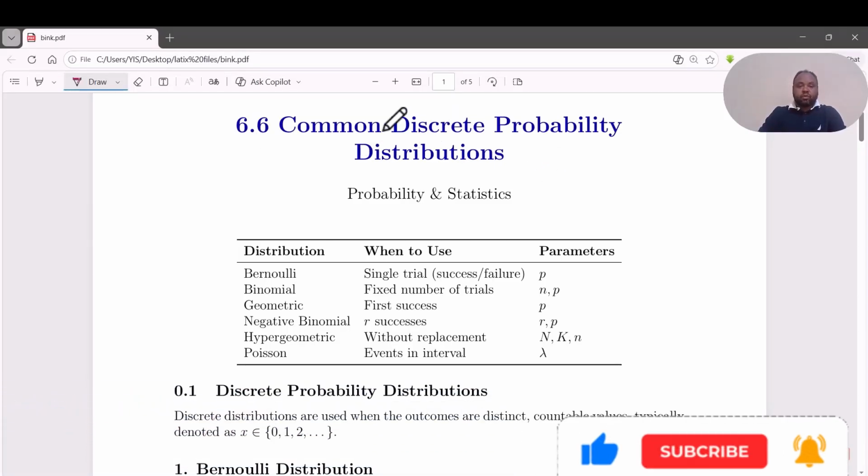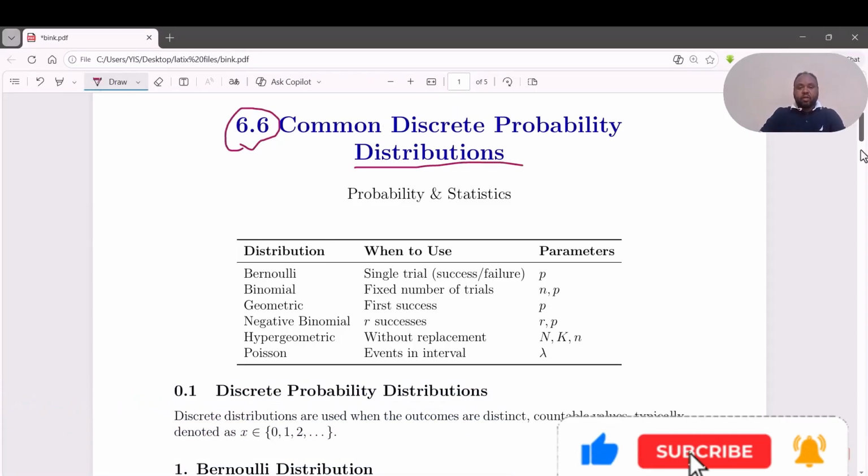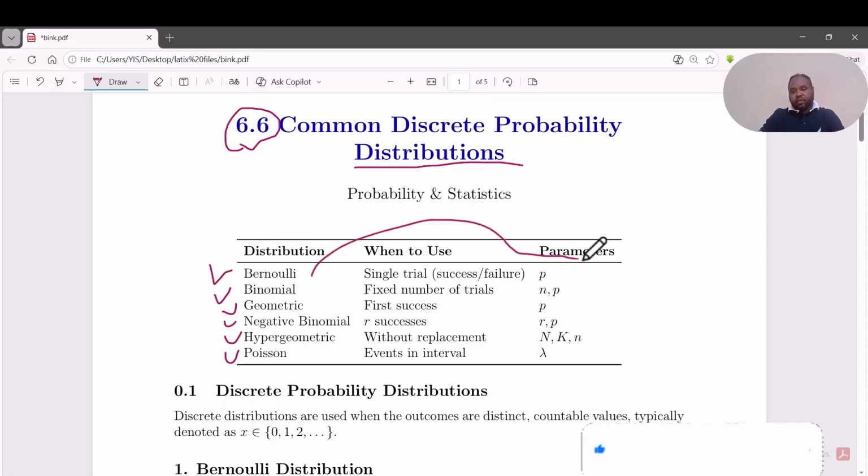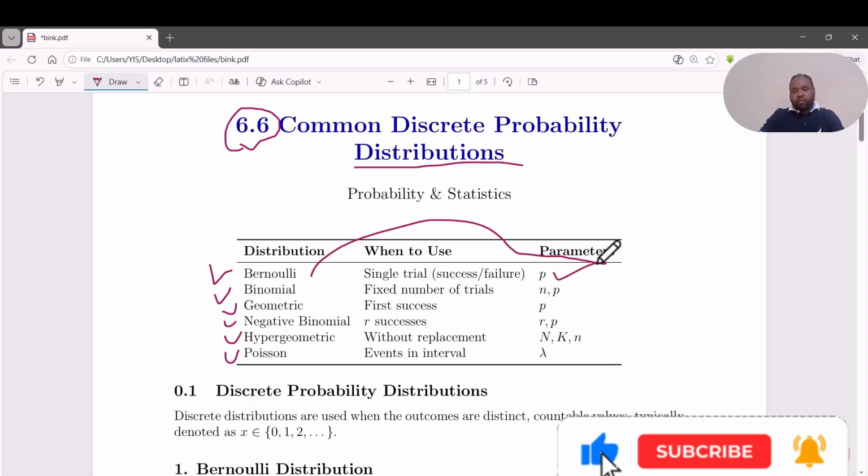Common discrete probability distributions. Here are examples of common known discrete probability distributions, such as Bernoulli, binomial, geometric, negative binomial, hypergeometric, and Poisson distributions, with their respective parameters. P, one parameter for the Bernoulli probability model.